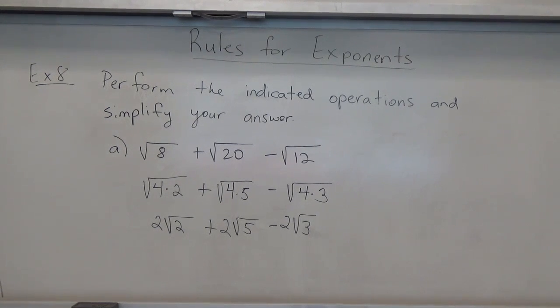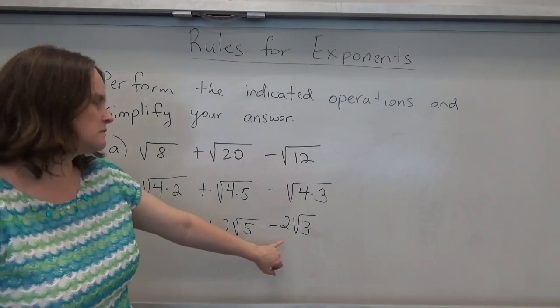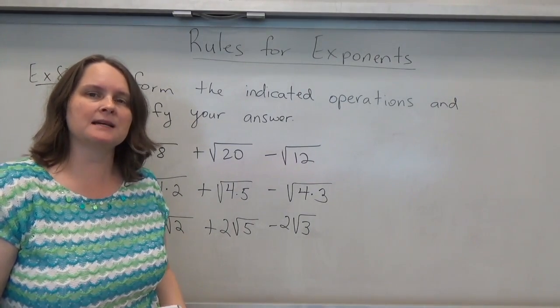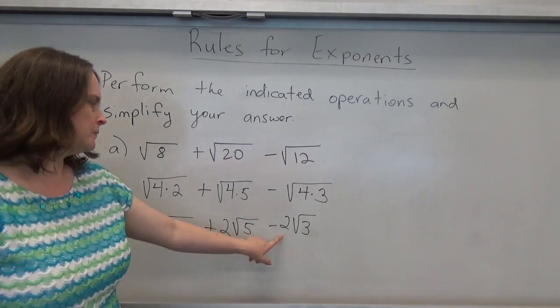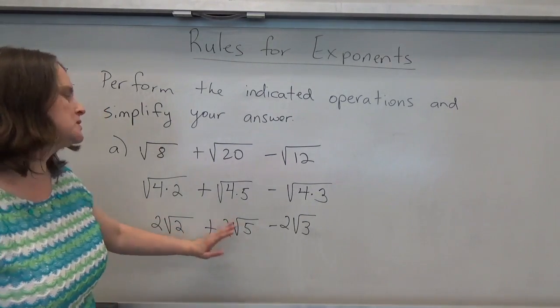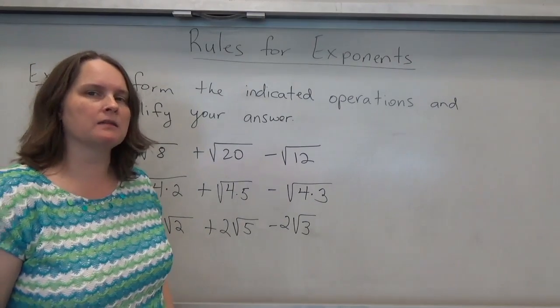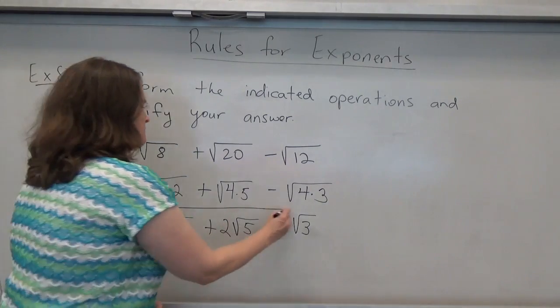The answer is no. We cannot combine these any further because we have different numbers inside each of these radicals. In order for us to combine these, everything would have to be identical except possibly for the number in front of the radical. So if we had all 2's inside the radicals but different numbers on the outside, then we could combine them. Here we cannot, so this is as far as we can take it.